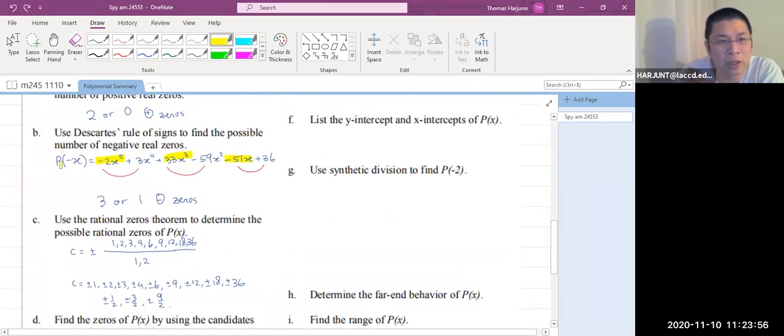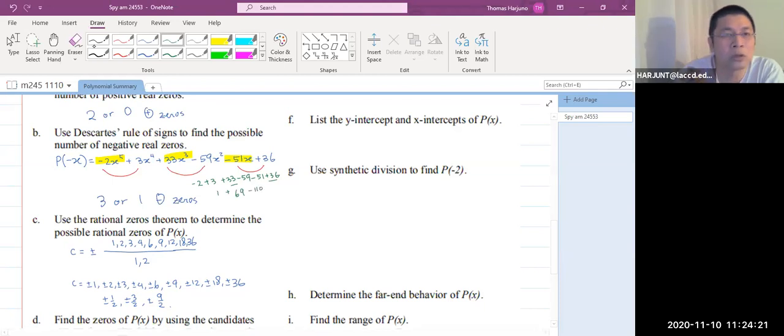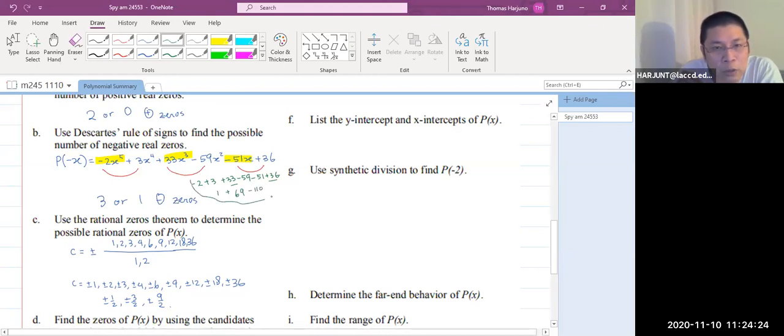Now, another thing is you can take a look at P(negative x). Imagine if you add the coefficients. This is 1 plus 69, that's 70, minus 100. Oh, it's not. If you look at P(negative x) and the sum of the coefficients gives you 0, then negative 1 is a zero.